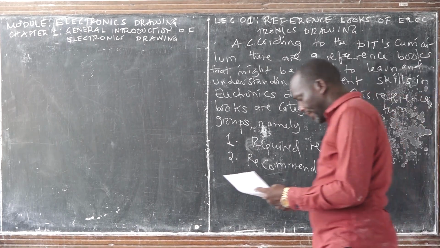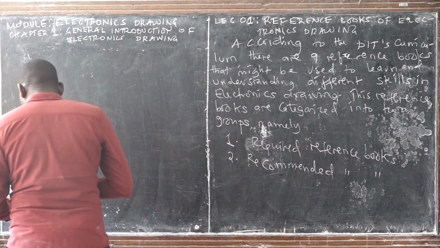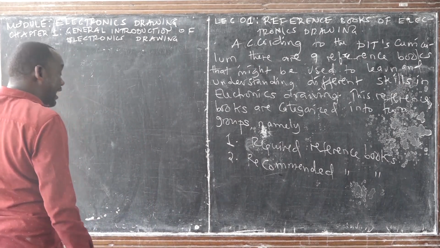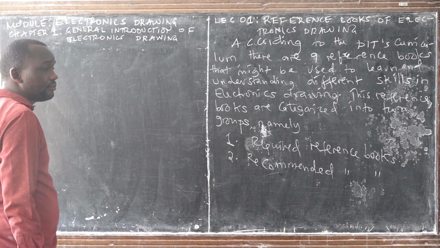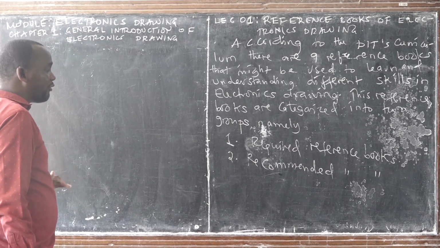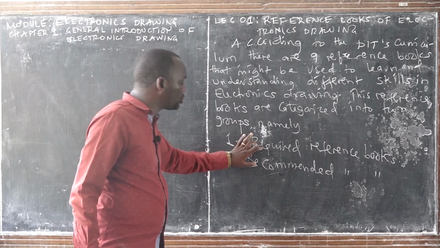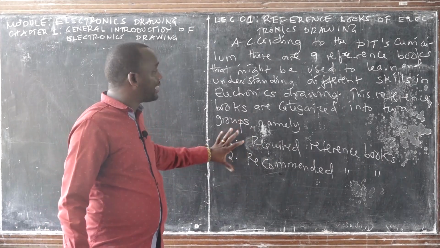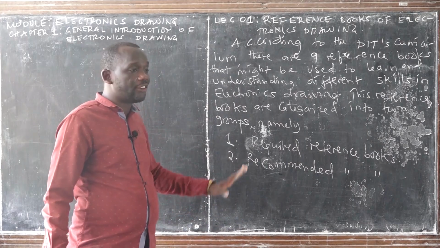So there are 5 required reference books in electronics drawing, and there are 4 recommended reference books. When we mention required reference books, we don't repeat them in recommended reference books. It means that there are so many books that will teach you about electronics drawing.